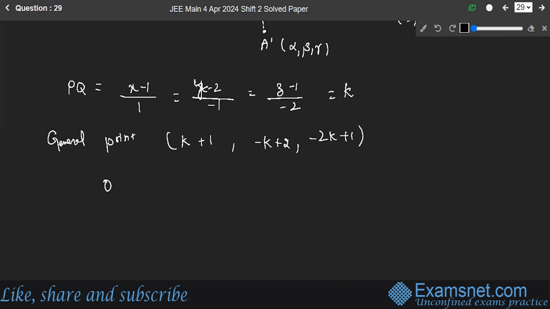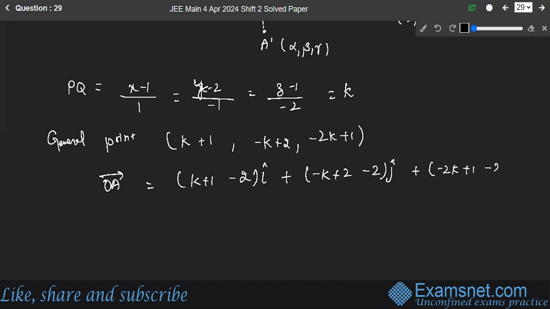And OA will be equal to k plus 1 minus 2 i, minus k plus 2 minus 2 j, minus 2k plus 1 minus 2. So this is k minus 1, minus k, minus this.